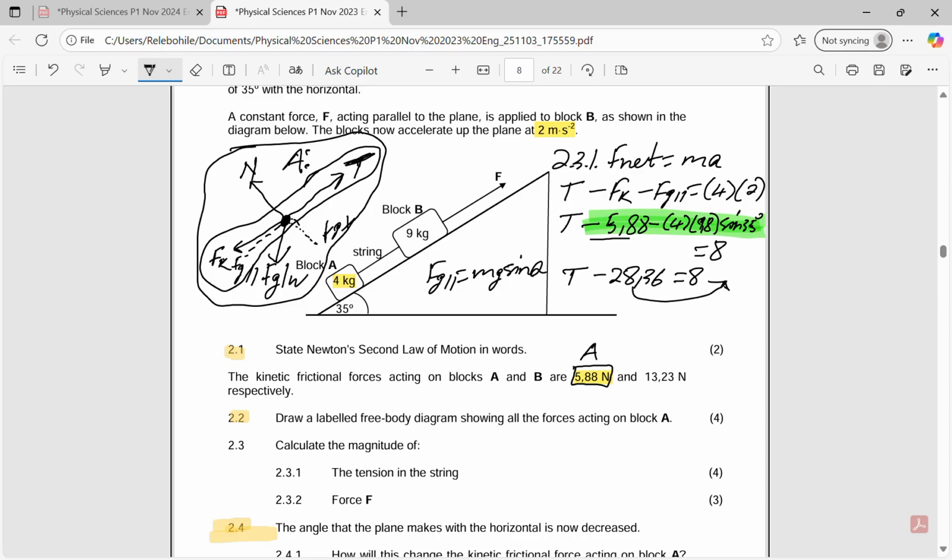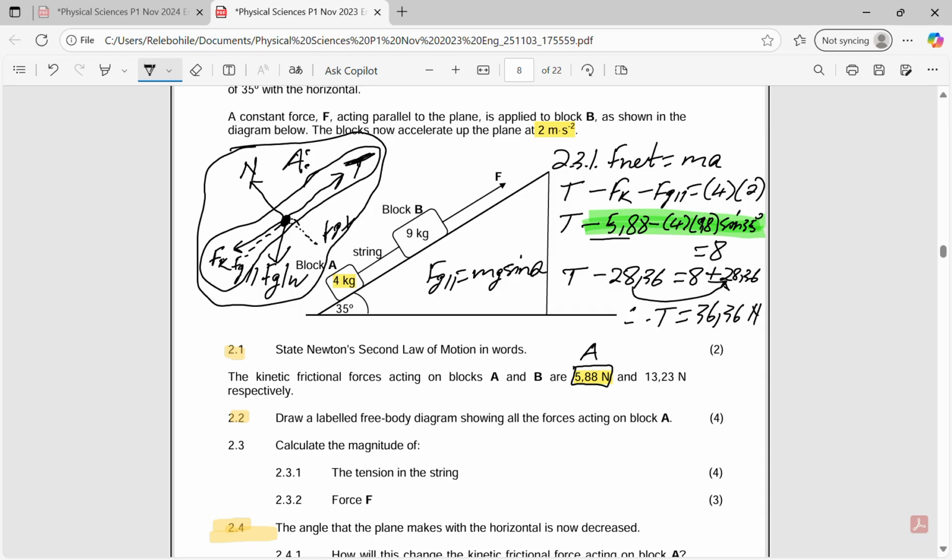So I'm going to have 8 plus 28.36. Therefore, T will be equal to 8 plus 28.36. So that means my answer will be 36.36 newtons. So that's my T.